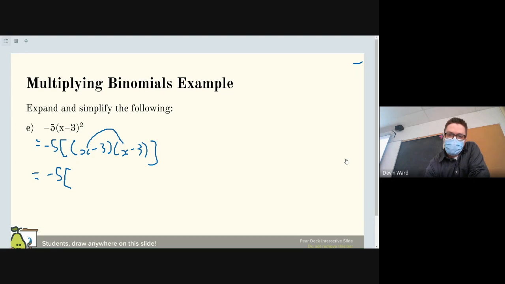x times x is x squared. Oh, no, that's not what we're going to do yet. Go first and then outer. x times negative 3 is negative 3x. Negative 3 times x is negative 3x. Negative 3 times negative 3 becomes positive 9.